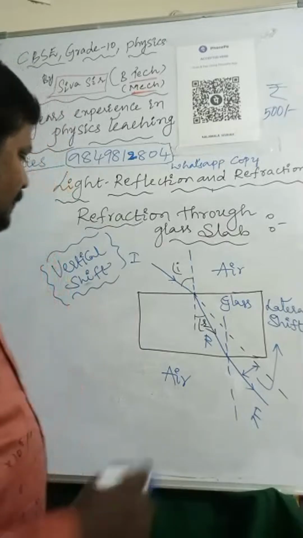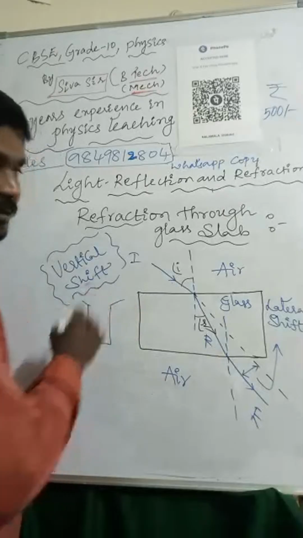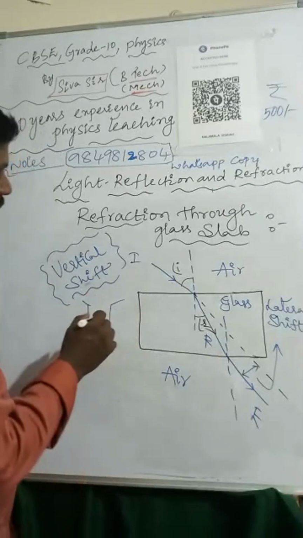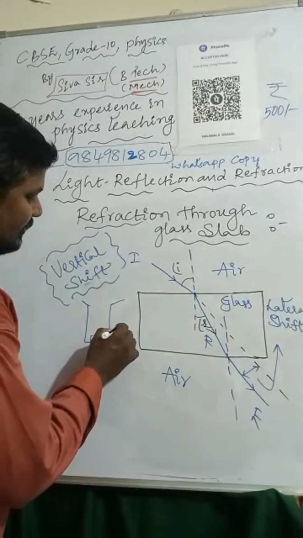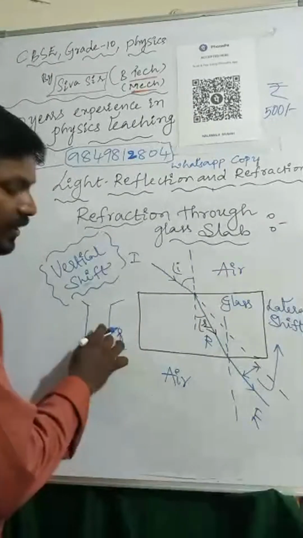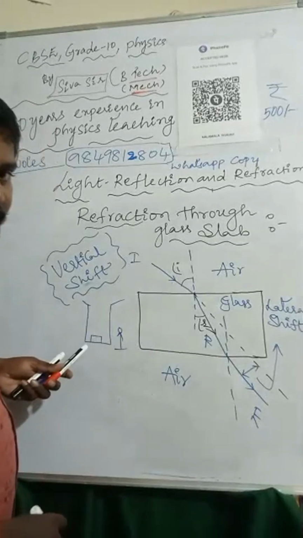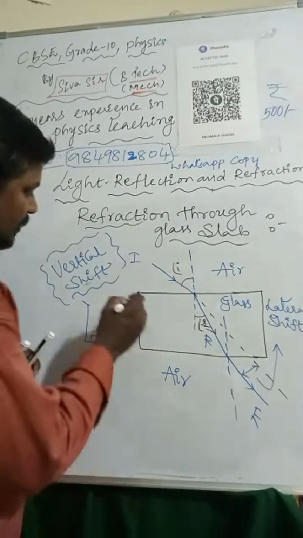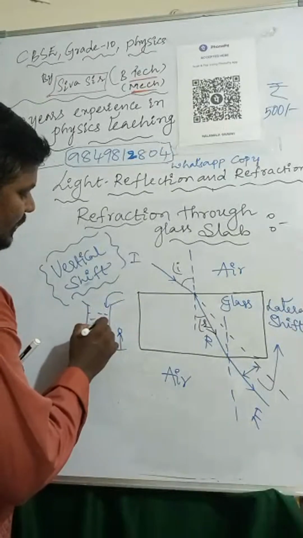Vertical shift is nothing but, if you are taking a coin and a beaker like this. If you place the coin at the bottom and you are standing somewhere here, at that position you can't see the coin. When you pour the water, immediately the coin position rises up.